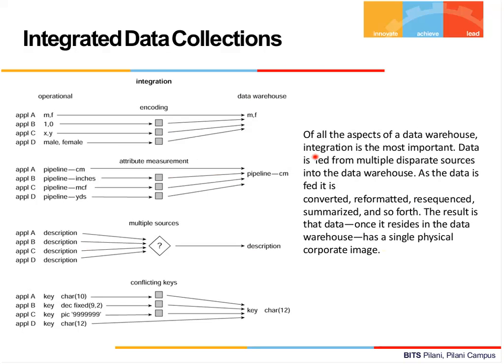Again, the next point is integrated data collections. As you can see here, you could have multiple data sources. The reason a data warehouse is there is for analyzing the data, and you could have multiple applications doing the same transactions.